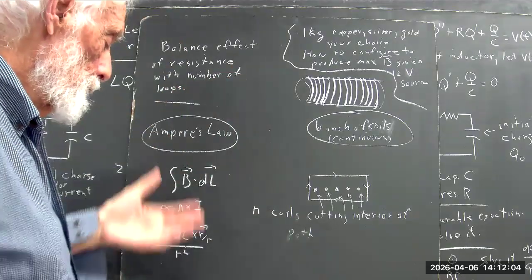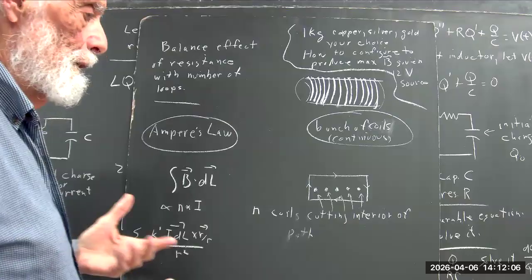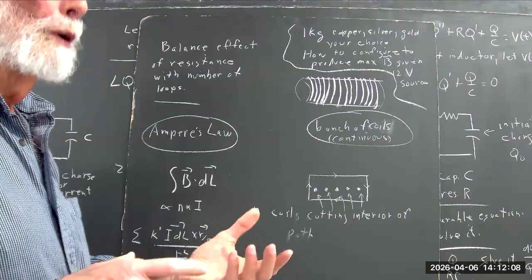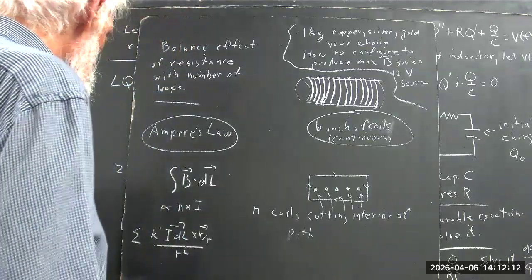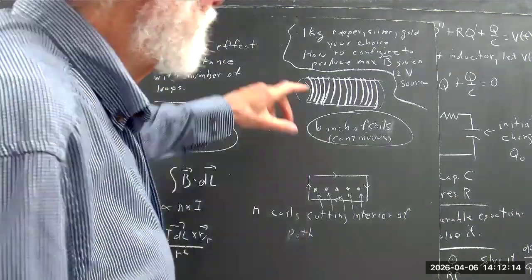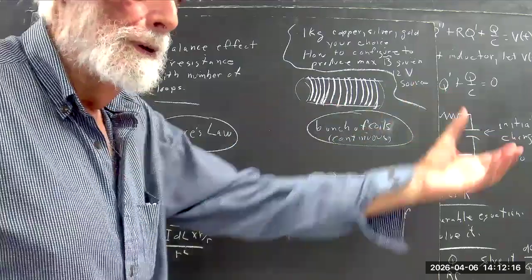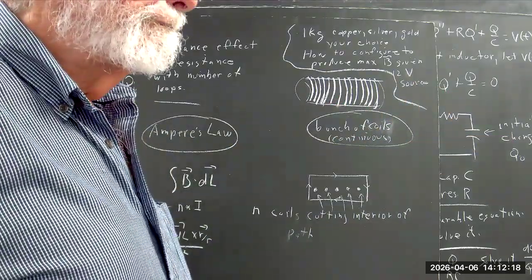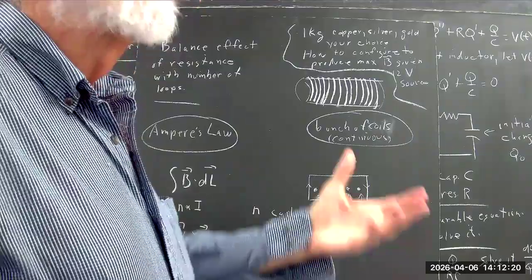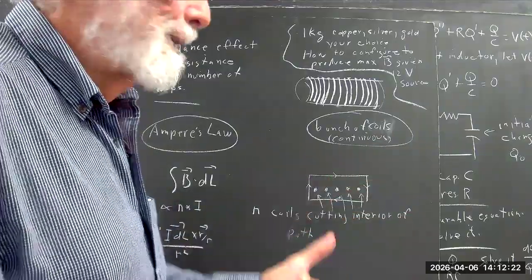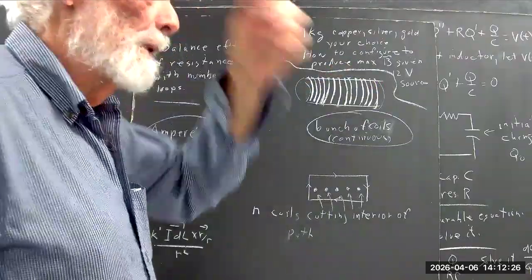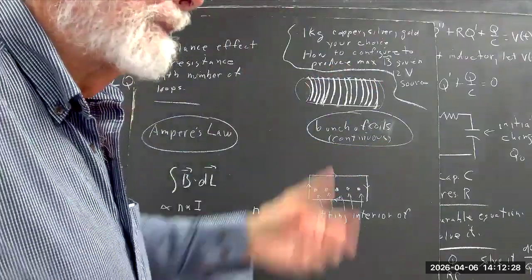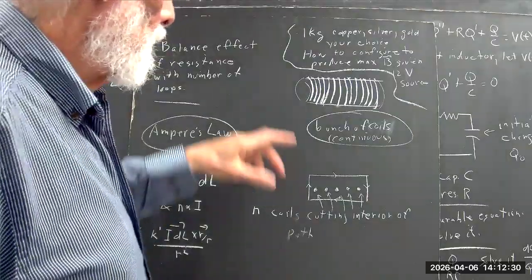Now, one thing I didn't mention was the use of some kind of metal core to enhance the magnetic field. Once you get the configuration, you can put some kind of magnetic material inside to multiply the magnetic field by maybe up to 100 times.